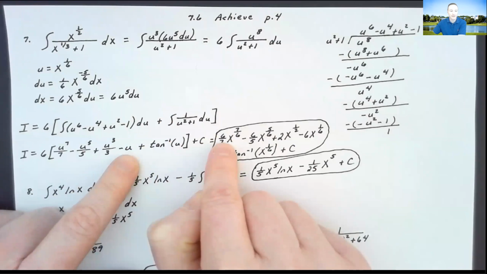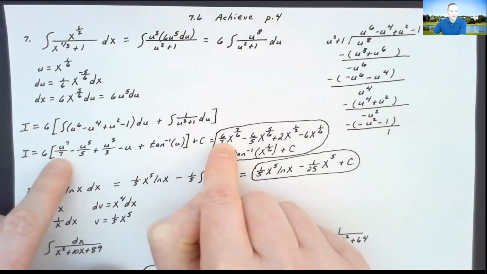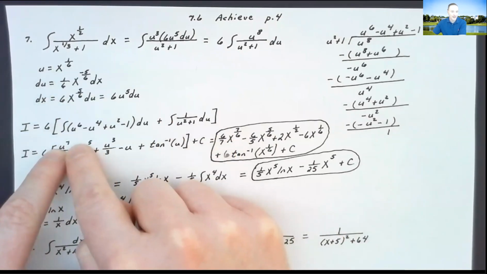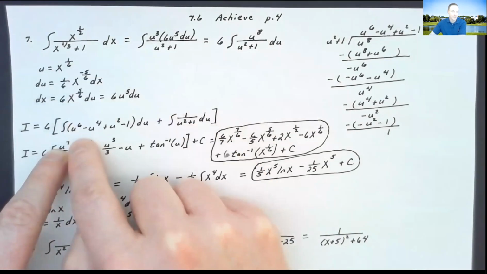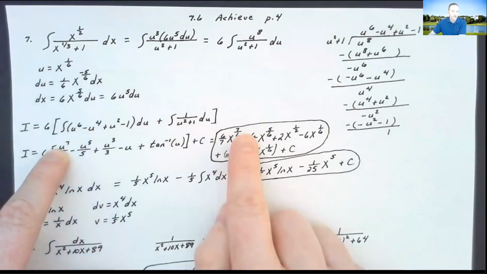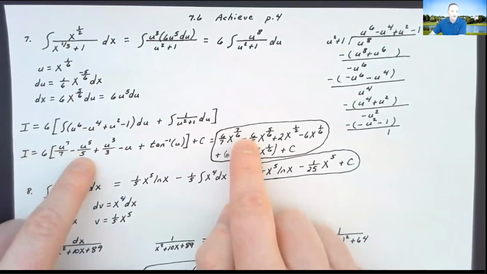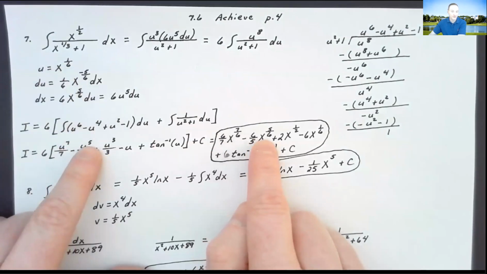And then when I tried to evaluate that, we distribute through the 6 everywhere. You'll get 6/7, and we know u is x to the 1/6. So u to the 7th is going to be x to the 7 over 6. Power to a power, you'd multiply 7 times 1 over 6, which is 7/6. And then you're going to have minus 6/5 x to the 5/6 for u to the 5th.